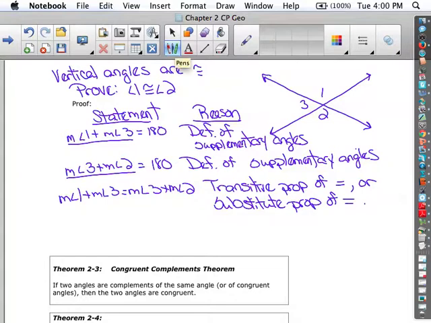Okay, so after that, remember, this is what I'm trying to prove. Angle 1 is congruent to angle 2. I'm going to write that the measure of angle 1 is equal to the measure of angle 2, because I'm going to subtract the measure of angle 3 from both sides. So that would be the subtraction property of equality.